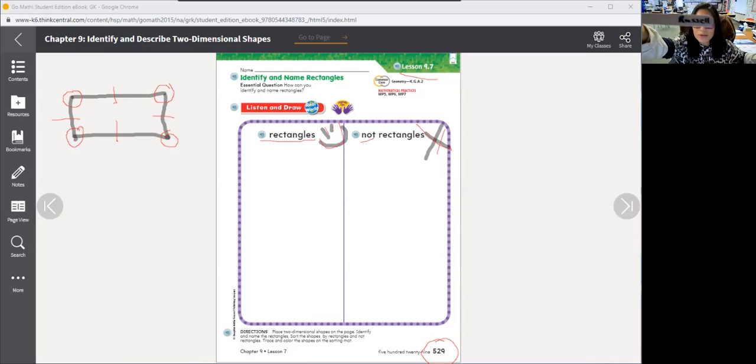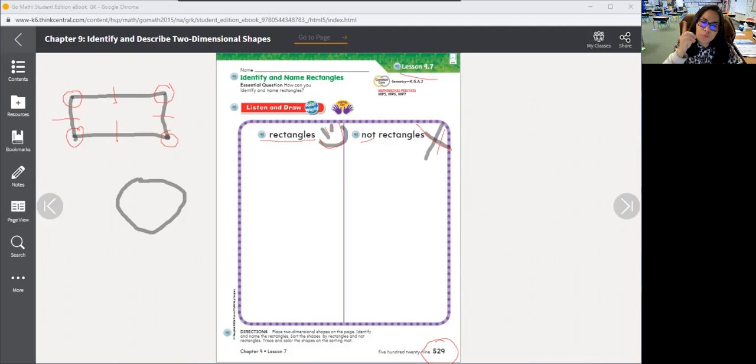I'm gonna call on Russell. Russell, here is your shape. Right here, Russell. Is that a rectangle, yes or no? Go ahead and turn on your microphone, honey. No. No. Now, Russell, that is the correct answer, but can you tell me why?